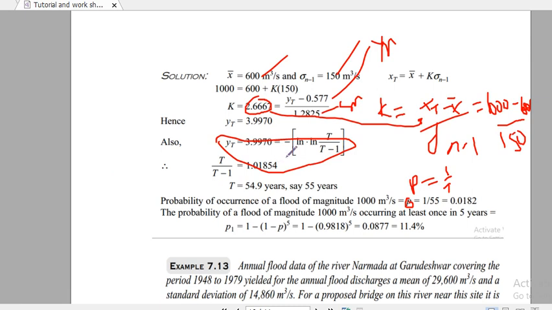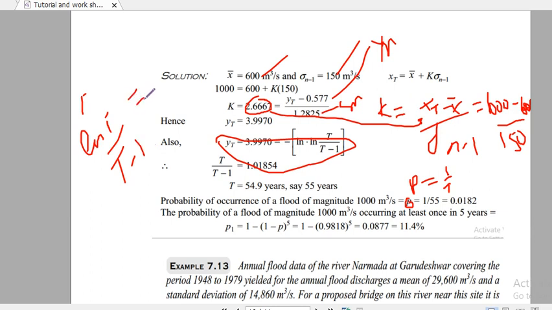yt is equal to minus ln ln t over t minus 1. Then ln of t over t minus 1 is equal to what?